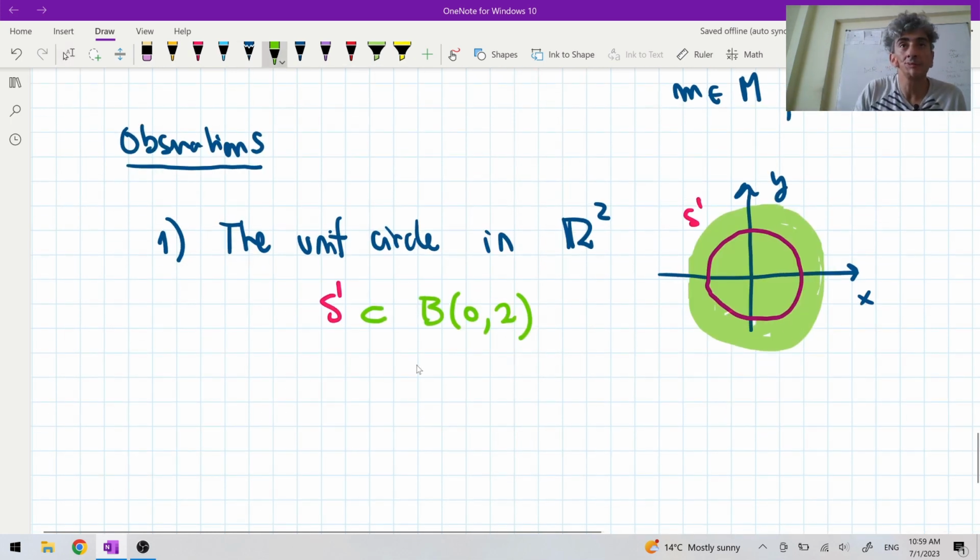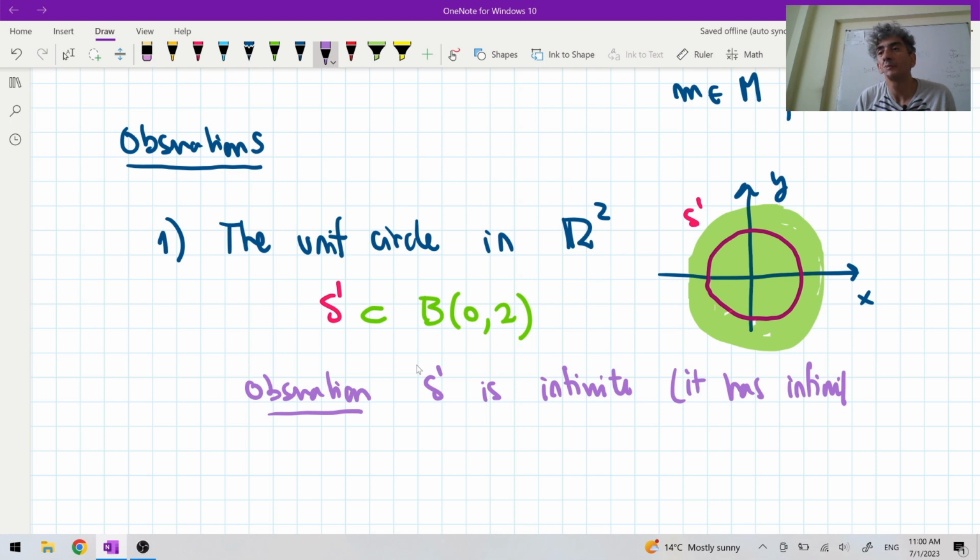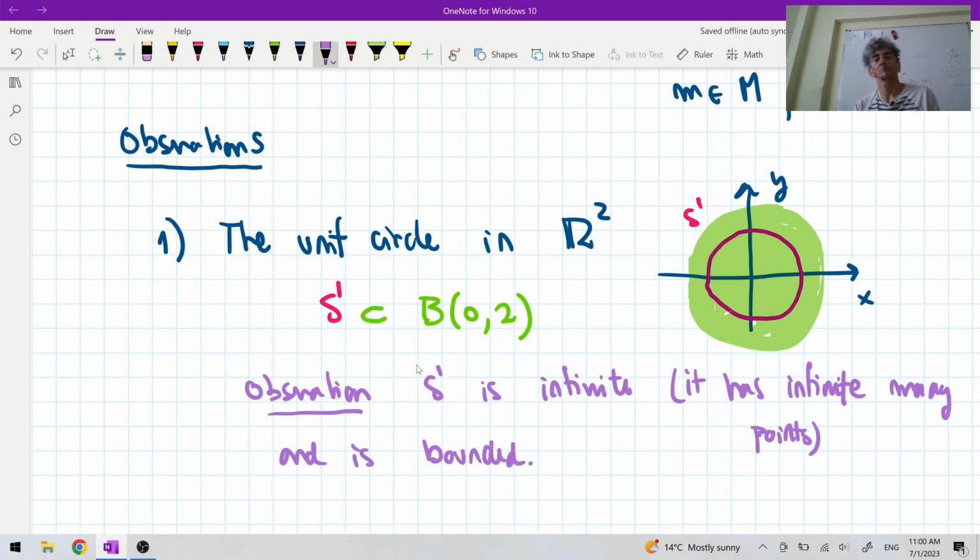Observation. S1 is infinite. It has infinitely many points and is bounded.